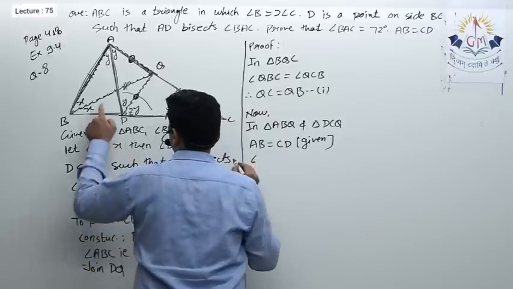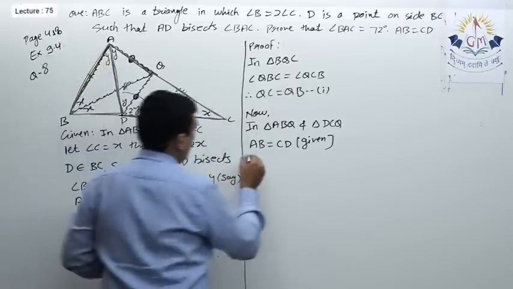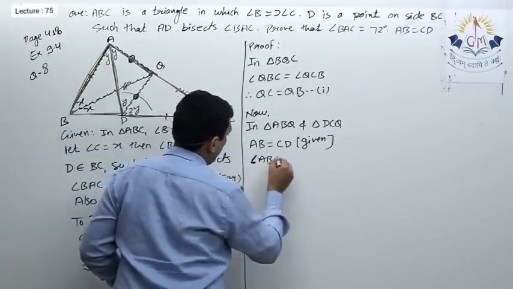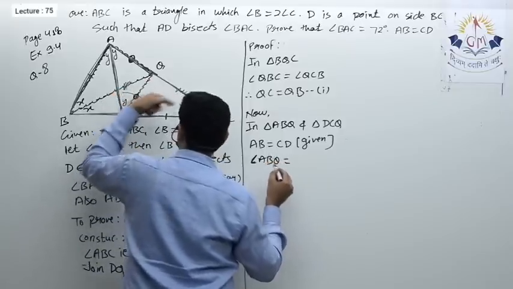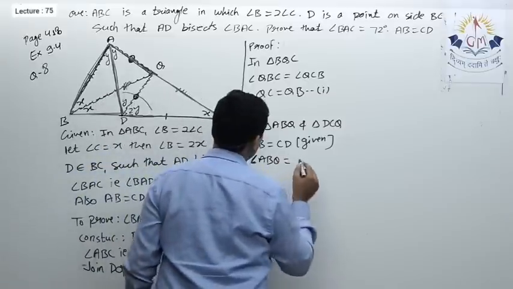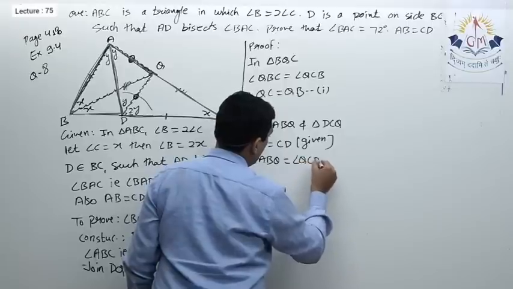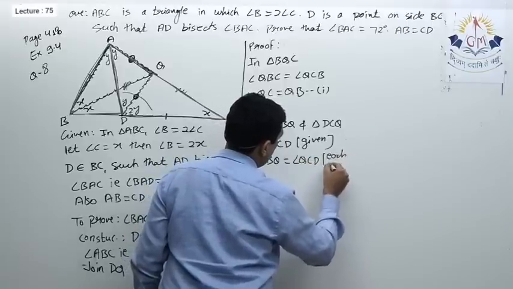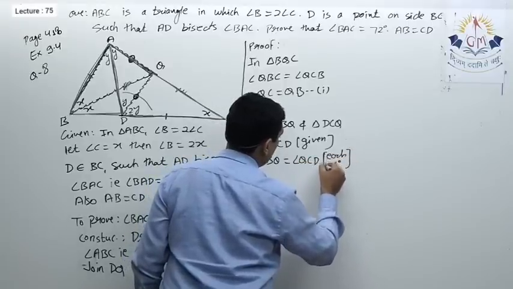Then angle ABQ is equal to angle QCD, each x degrees.